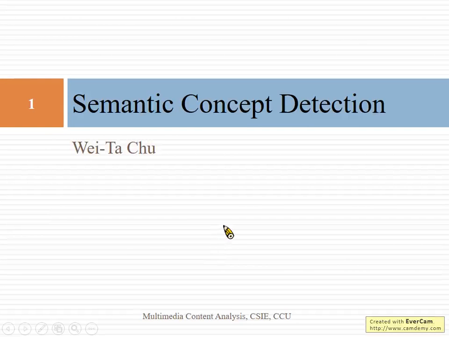Now we have already introduced most of the low-level multimedia analysis. What I say low-level means we start from the signal of the given data, no matter image, video, or audio.